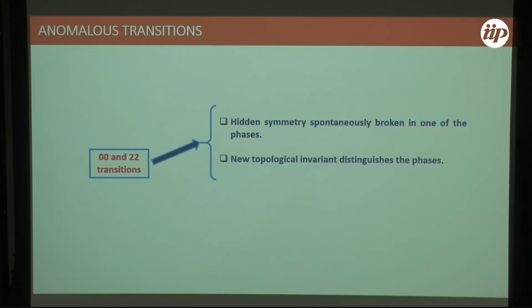However, these two scenarios can be ruled out from very basic fundamental grounds, and a very quick explanation for that is that the ground state of this model is unique.